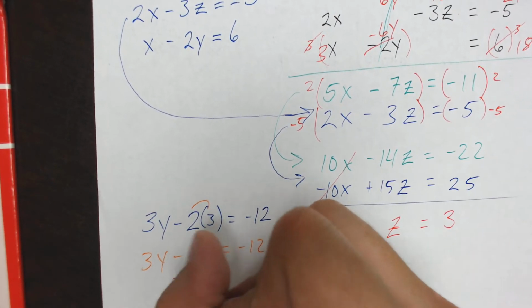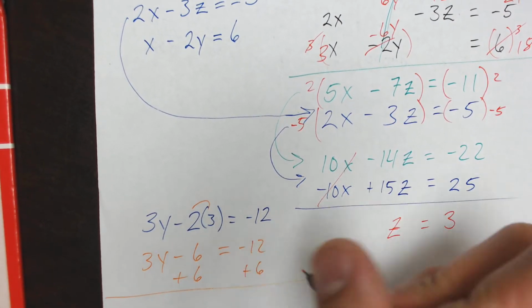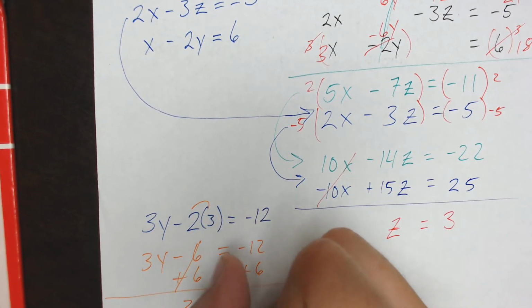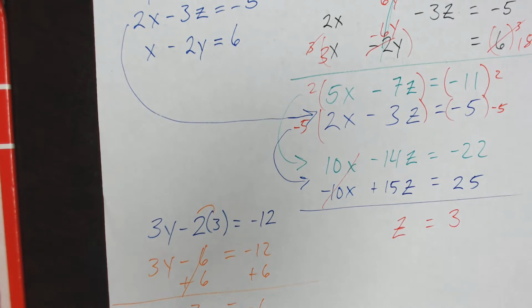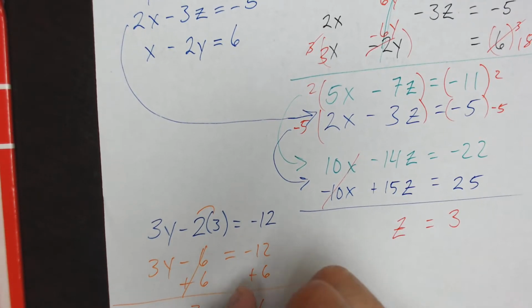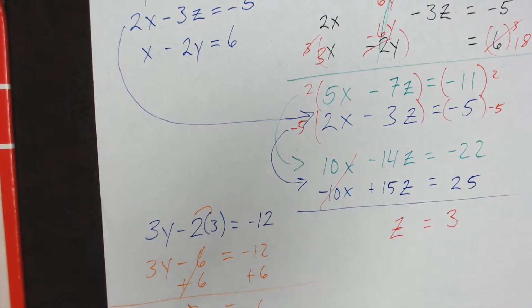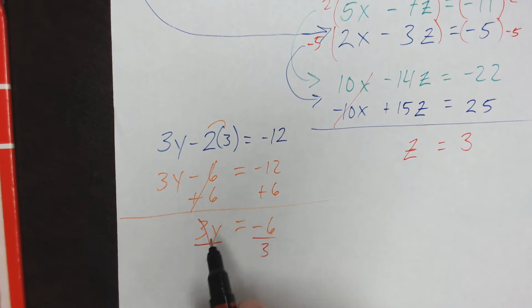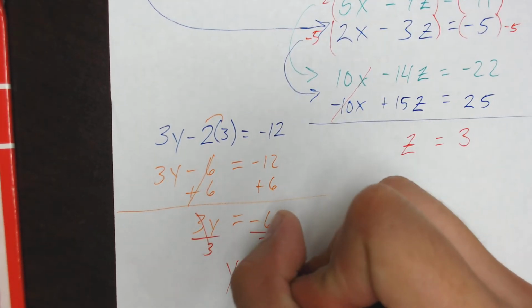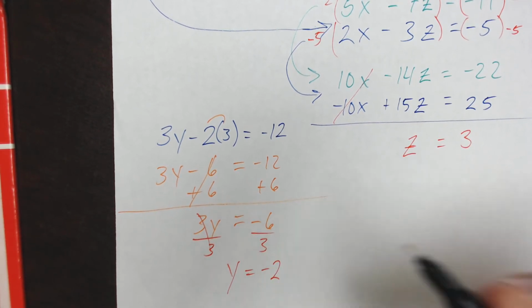Here I'm going to add 6 to each side. Those cancel, and then I have 3y is equal to negative 6. Last step, I divide by 3. Negative 6 divided by 3 is equal to negative 2.